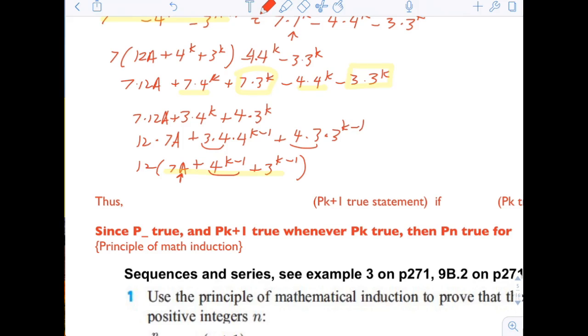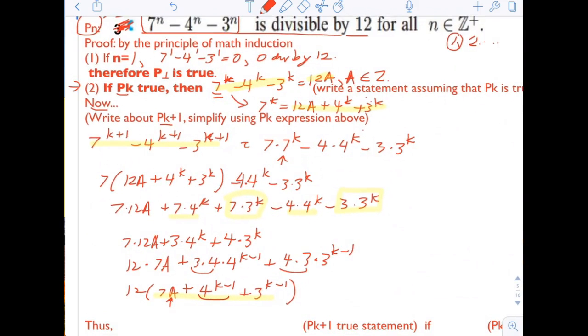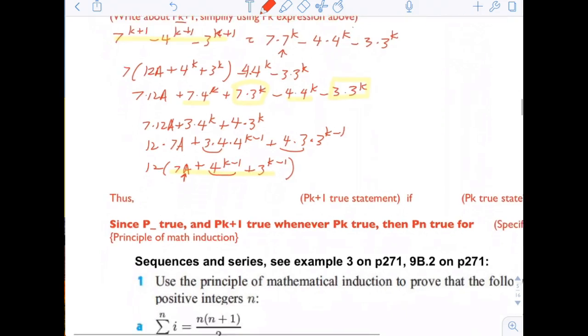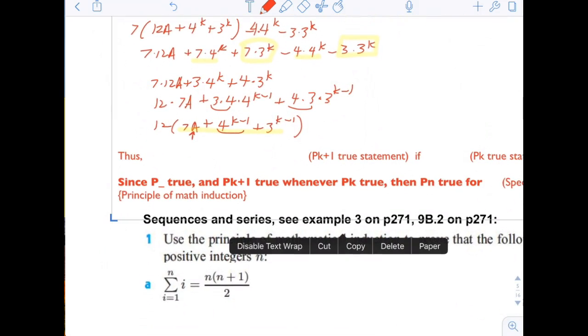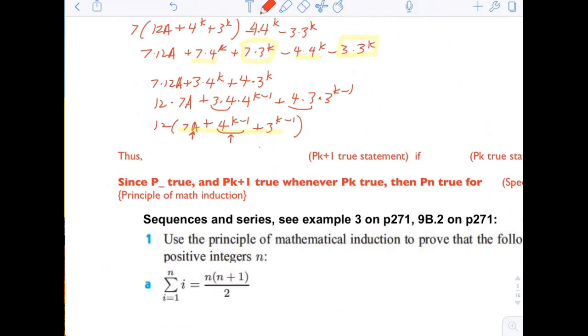Well, the smallest value that k minus 1 could be would be 0, right? Because k could be as small as 1, but it's not going to be any smaller than that. So 4 to the 0 is 1, so we know that this is an integer, the smallest value could be 1, and this is also an integer, smallest value could be 1. So we know that 12 is times an integer.